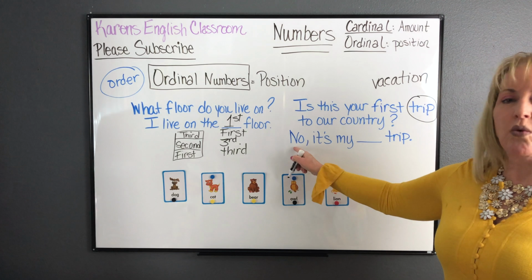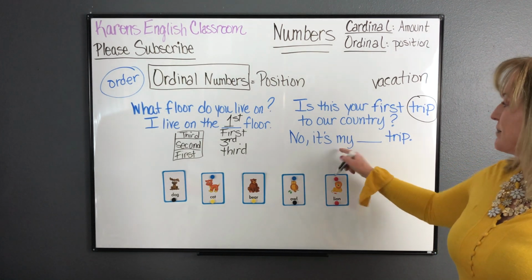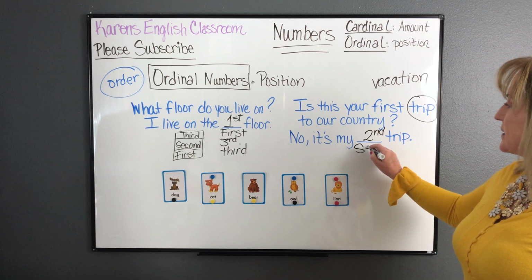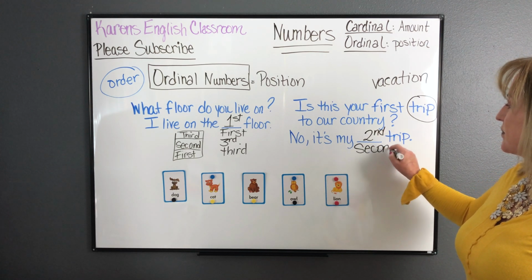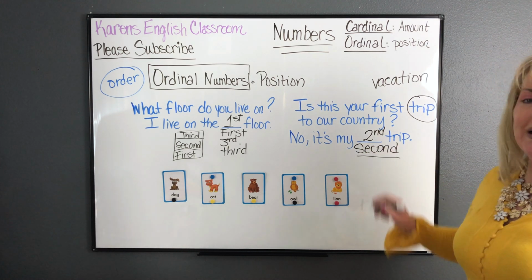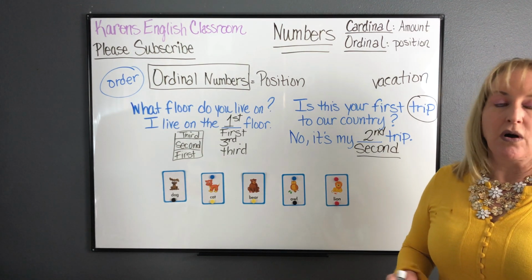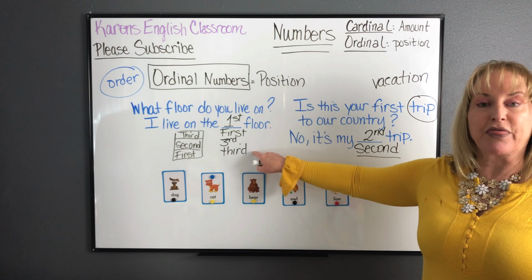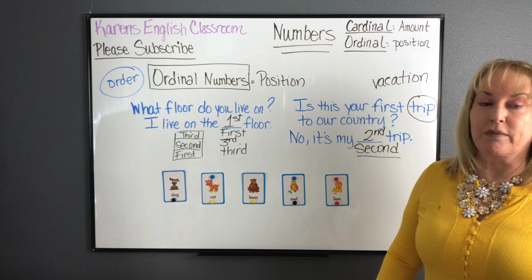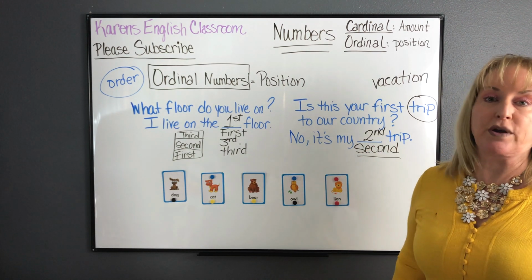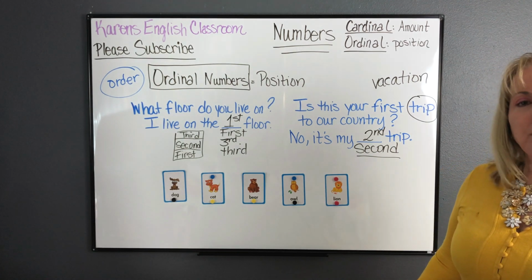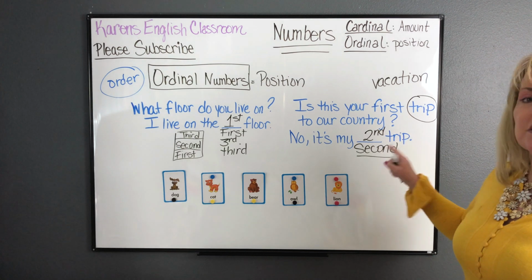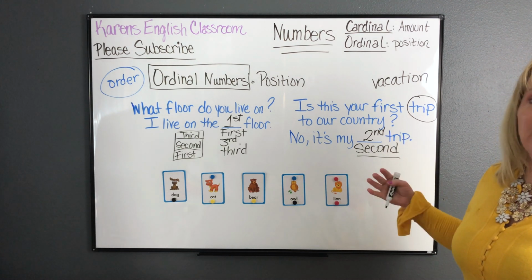I say, no, it's my second trip. Or I can say it's my third trip, or maybe my fourth trip. Whatever number it is, it's the position. First, second, third, fourth, fifth.